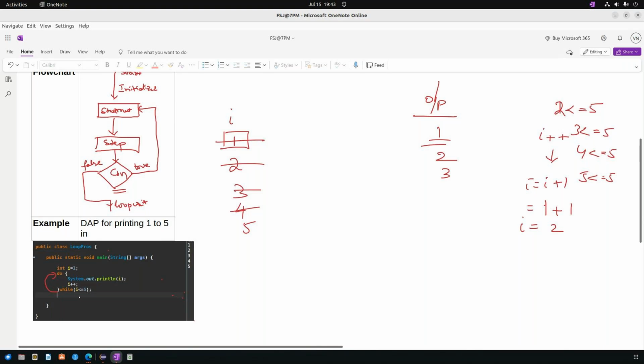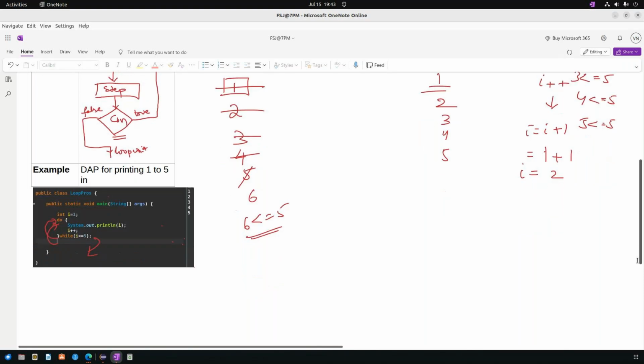Once 5 is checked, 5 is less than or equal to 5, that is also true. Again it goes back here, and 5 will be printed. Now I plus plus means this becomes 6. So 6 less than or equal to 5 will be false. False means out.